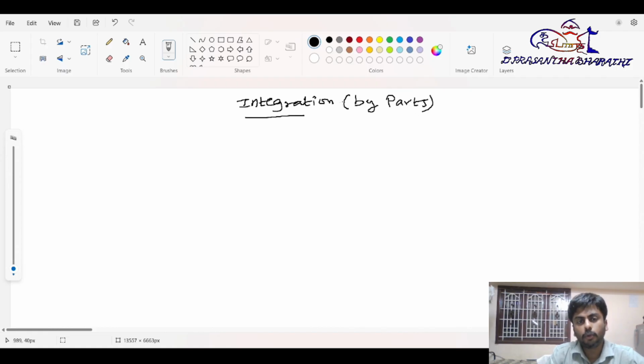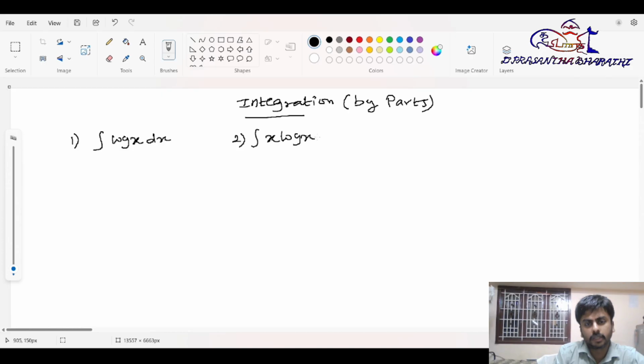In that we often come across some integral formulas: the integral of log x dx, second, the integral of x log x, third, the integral of x square log x, and so on.